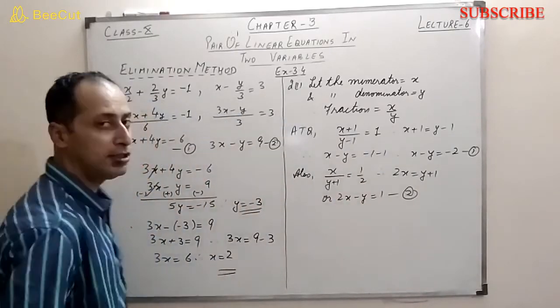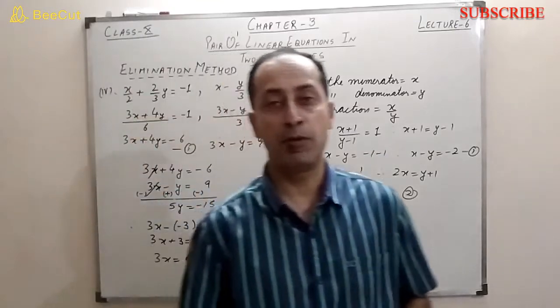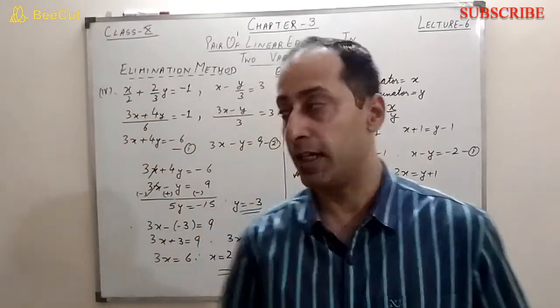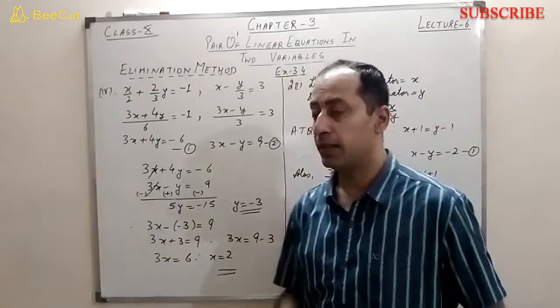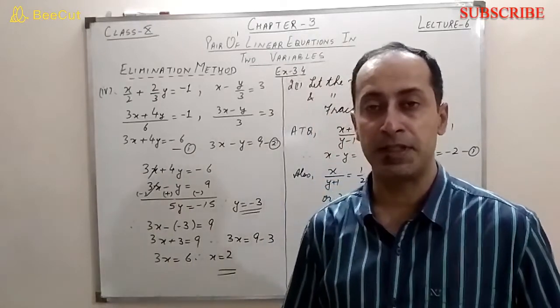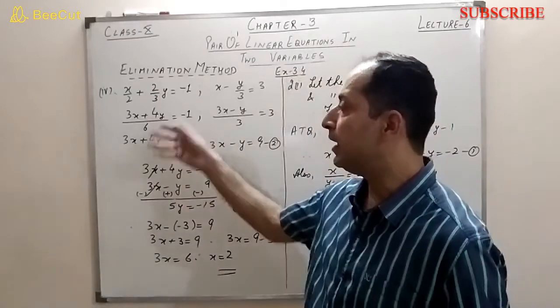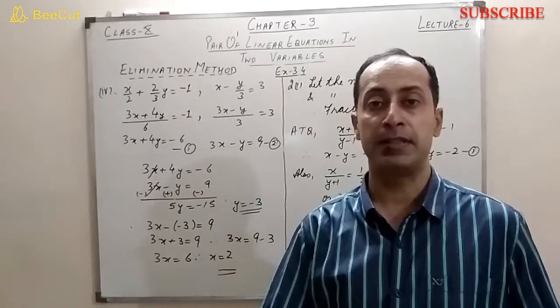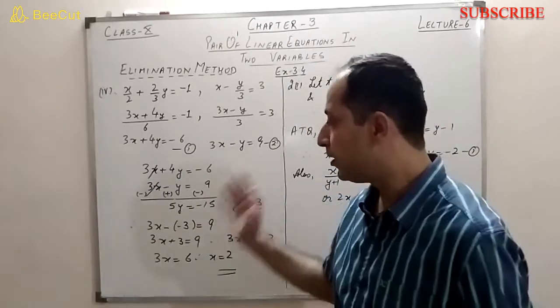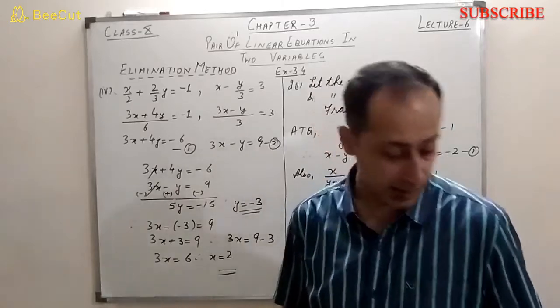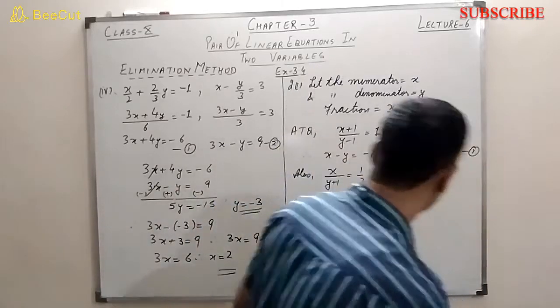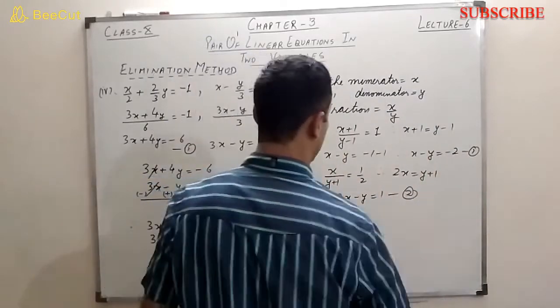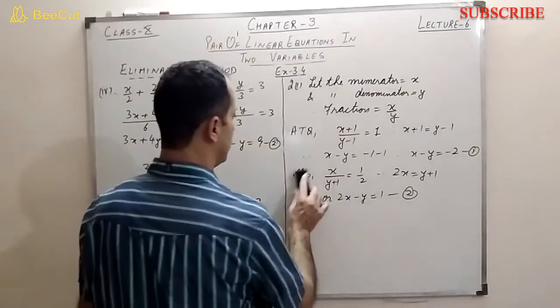So, dear friend, this is what happens if you make a small mistake. The mistake was in the beginning: the LCM was taken correctly, but then after that a step was missed out. So if you miss even one step, the question goes wrong, right? So let's go to the next part now, the next part of the second question. You can simplify this by the elimination method.